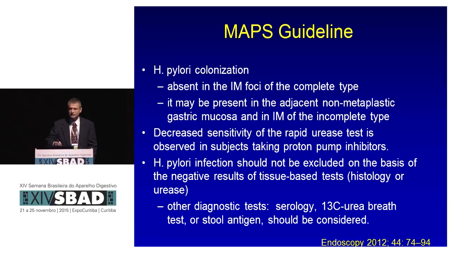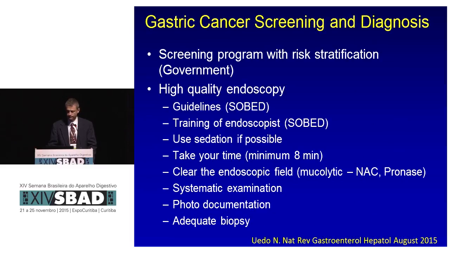And that is further aggravated by the fact that those patients are frequently on proton pump inhibitors, which again decreases the sensitivity of tissue-based sampling, such as histology and urease-based sampling. The bottom line is that other diagnostic tests should be considered in these patients, such as serology, urease breath test, stool antigen.